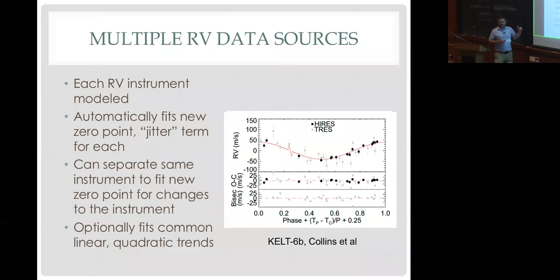So each new data set fits its own jitter and 0 point, but then has the same consistent eccentricity and planetary properties. And additionally, you can also optionally fit a linear trend that might be indicative of a long period planet that you haven't observed yet, or maybe even a quadratic trend that you can't really constrain a full period for, but you know that it's there.